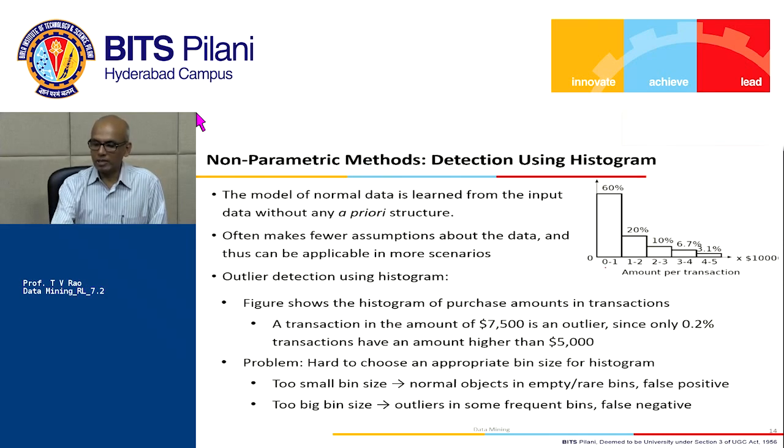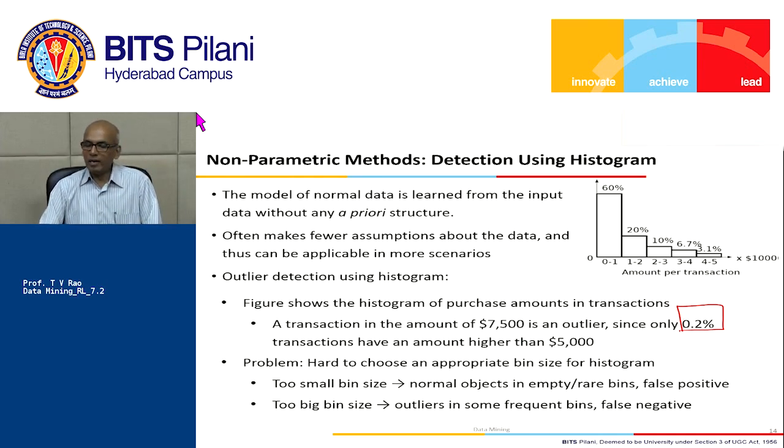So 60% of the transactions are below $1,000, 20% are in the range of 1,000 to 2,000, 10% in 2,000 to 3,000, and so on. And we see that the transactions beyond 5,000 are 100 minus 60, 20, 90, and then 99.8. That leaves us with 0.2% of transactions having an amount higher than 5,000.